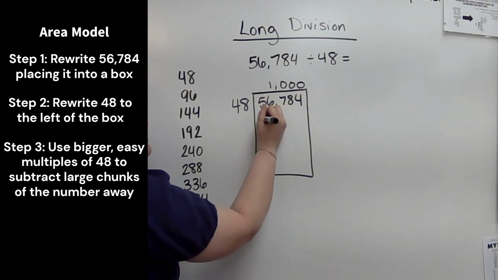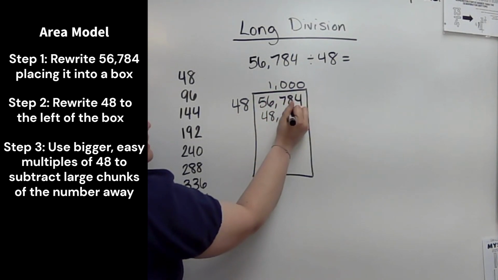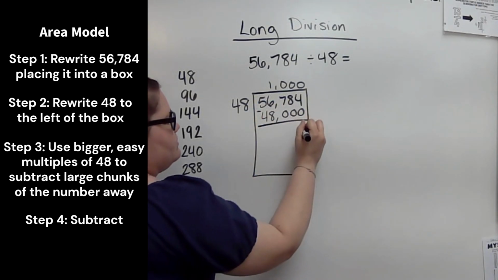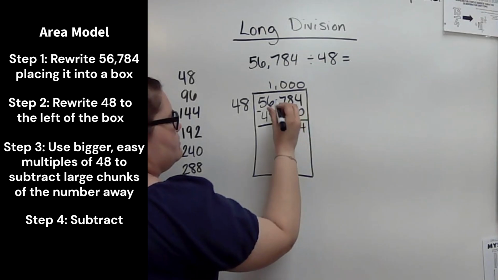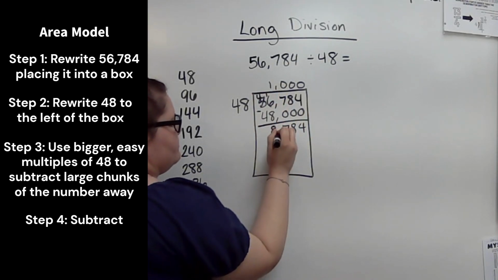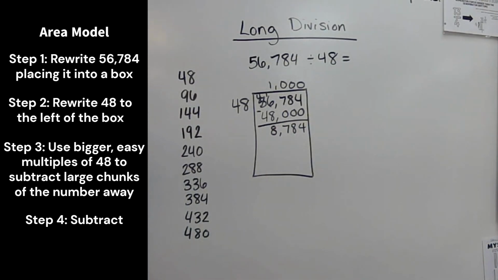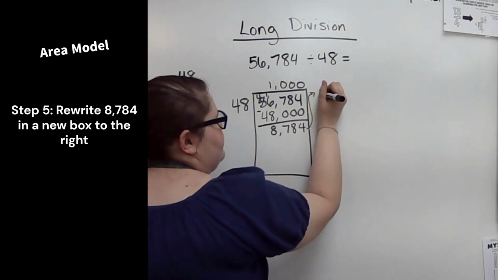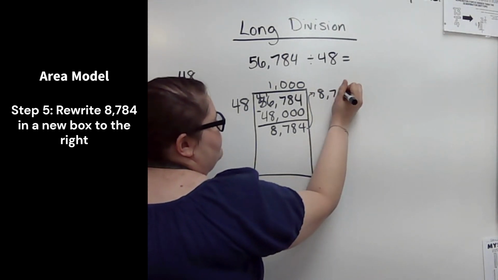48 times 1,000 is 48,000. I'm going to subtract. A little bit of regrouping. And that leaves me with 8,784. Now I'm going to take this number and I'm going to put it in another box next door. So 8,784.